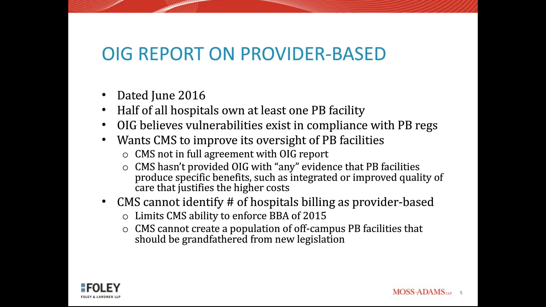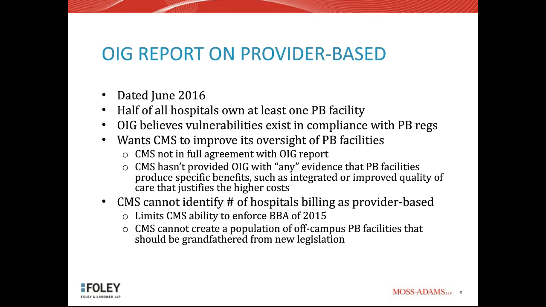CMS doesn't necessarily agree with the OIG on all of their findings, and CMS hasn't provided the OIG with any evidence that provider-based facilities produce specific benefits, such as integration or improved quality of care, but CMS wasn't tasked with or even required to track this data.